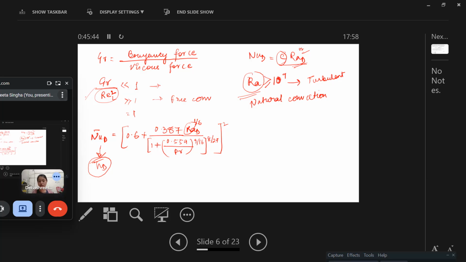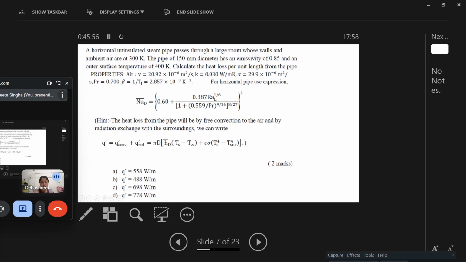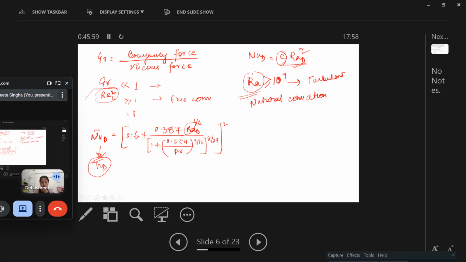Then we come to boiling. So boiling is a phase change phenomenon because it changes from liquid to vapor. In boiling also we get formulas for nucleate boiling, which is given by the Rohsenow correlation, where Qs is the heat flux.